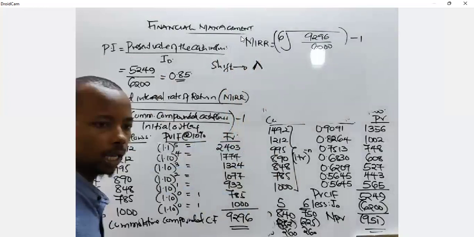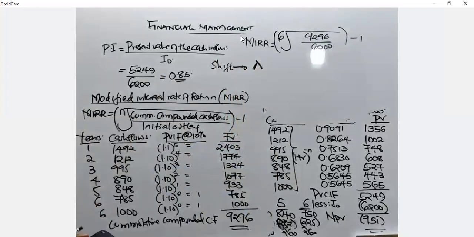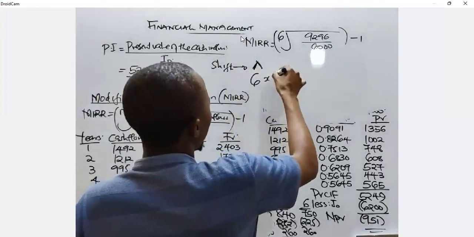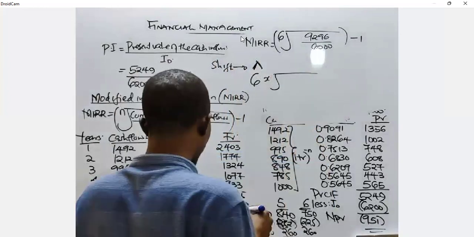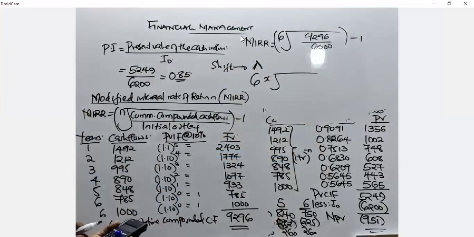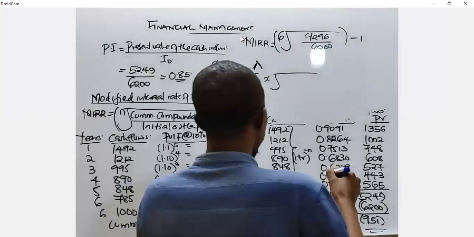There is that sign in your calculator. Shift and that sign. Then it means you're going to be having the 6th root, the x root of our answer. Then we subtract 1, and you are going to be getting something closer to 6.98.